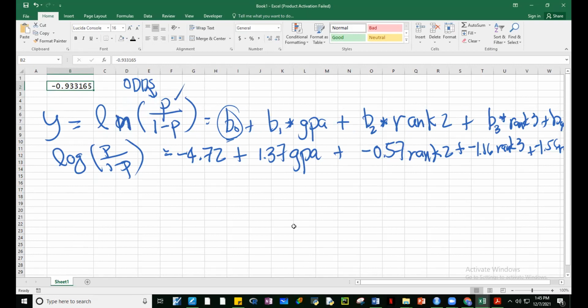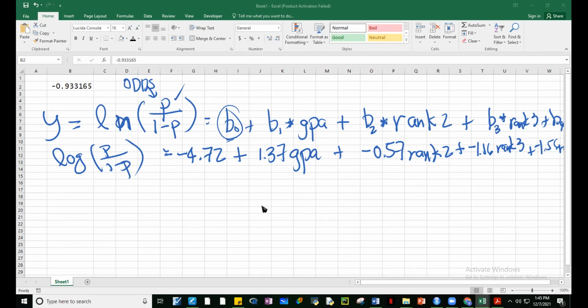Ito 'yon. Okay. Now, unfortunately, ang hirap i-interpret ng log of P over 1 minus P is equal to negative 0.993165. What does that mean, di ba? Pag sinabi natin ang log odds ratio ni student number 1 is negative 0.993165. What exactly do we mean by that?